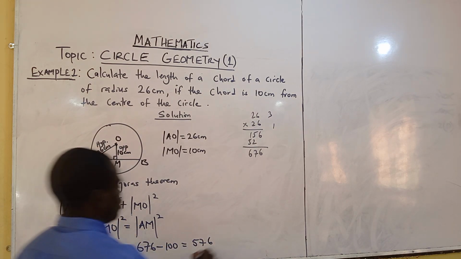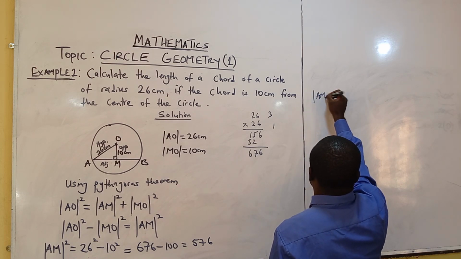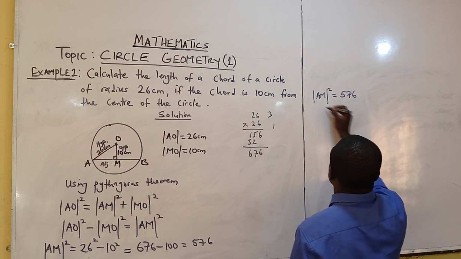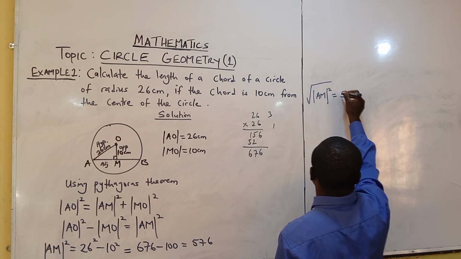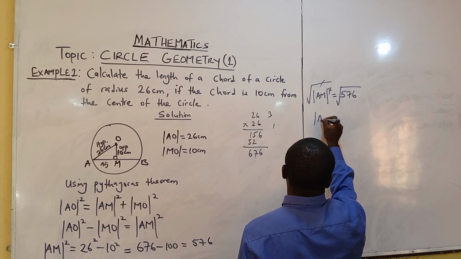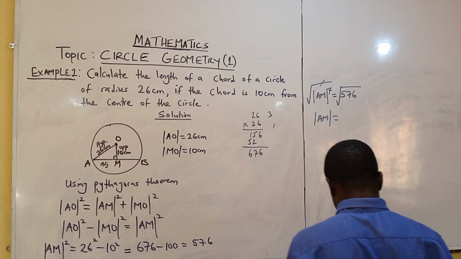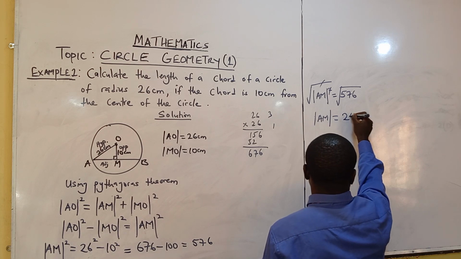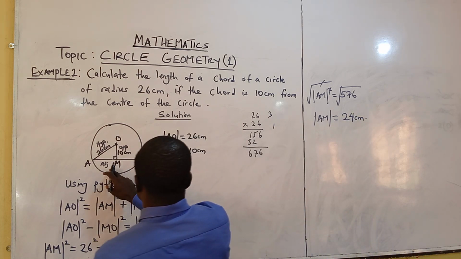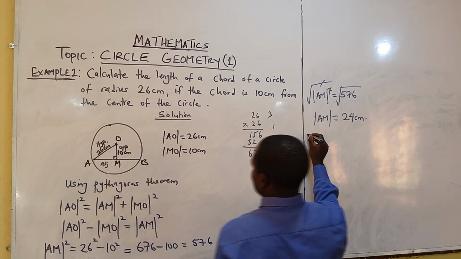Now let's see, line AM squared equals 576. Find the square root of both sides. To cancel this square, you have line AM equals, when you find the square root of 576, you have 24 centimeter.